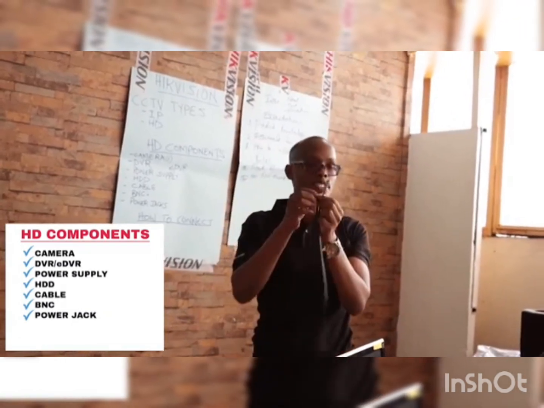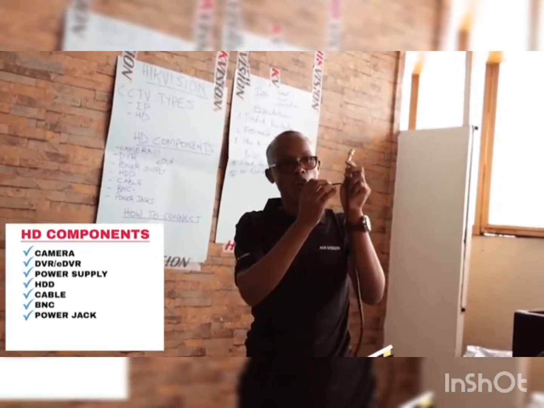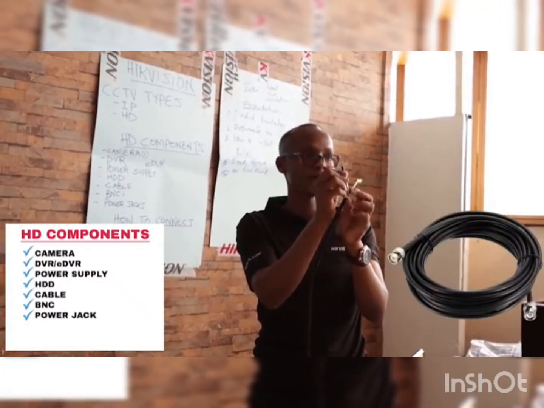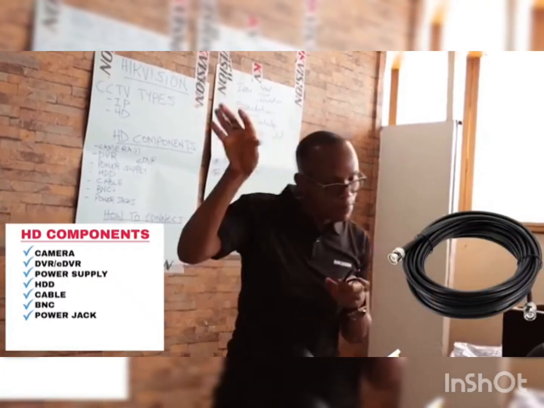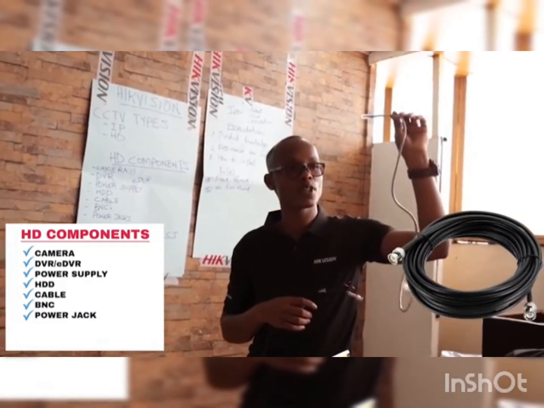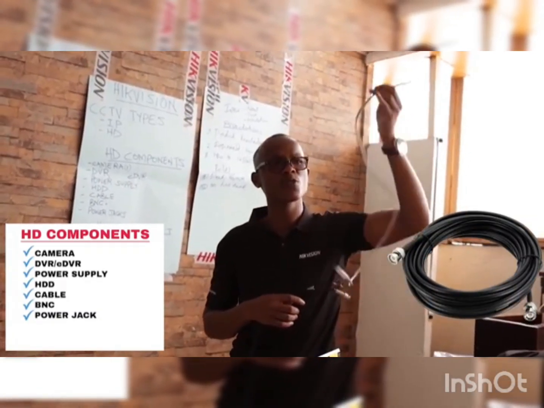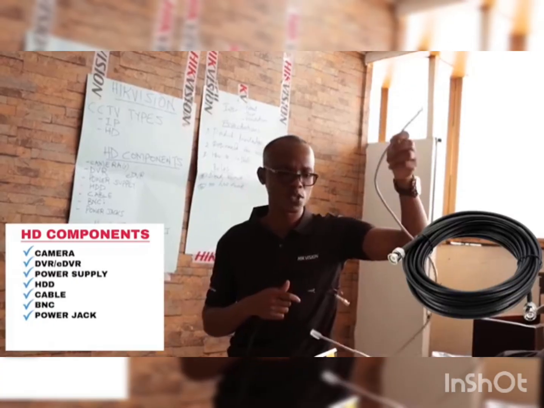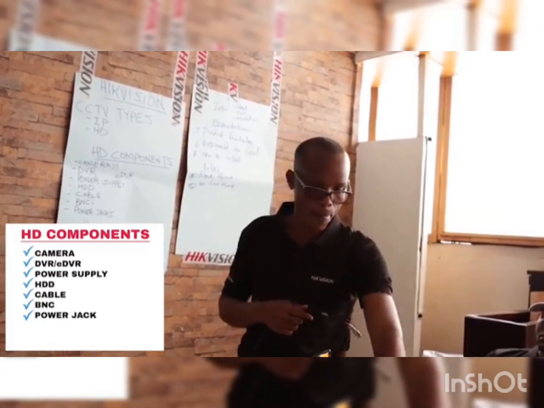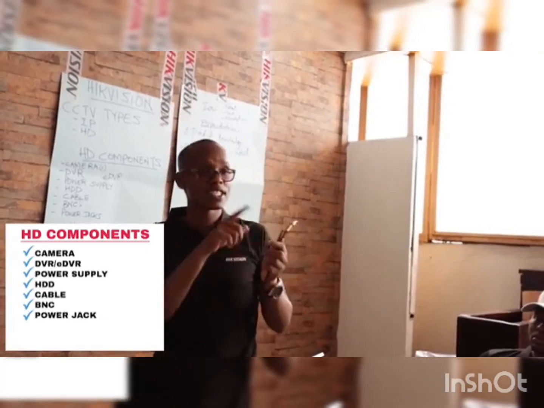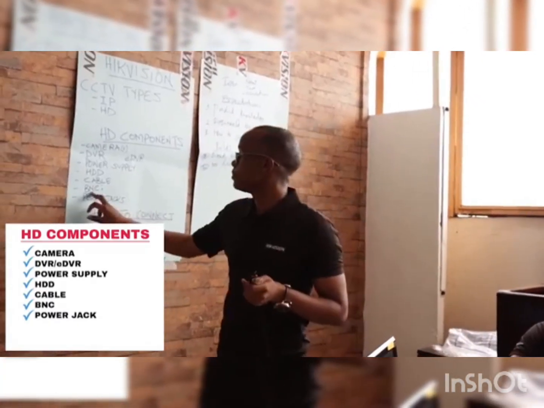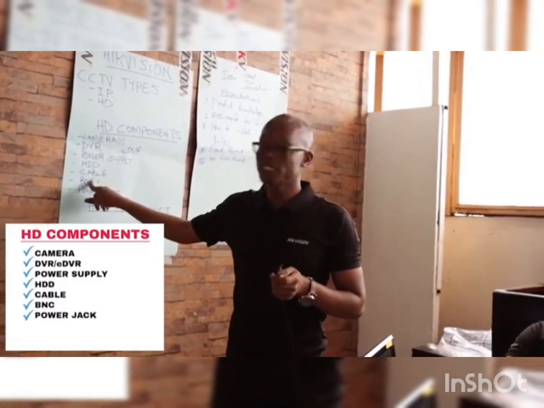This cable has 2 wires. This one carries video. This one carries power. On the IP cameras, they use the other cable, which carries both power and data. This one is almost easier to install, but not yet the fastest moving product, because this one is still cheaper to install.